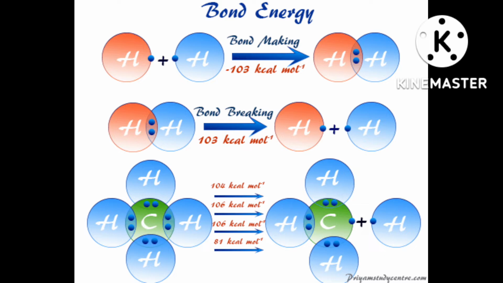And then many bonds are there, HH bonds. In 1 molecule, 1 bond is there, HH. Like that, in 1 mole, with this very big Avogadro number, that number of bonds may be present, and then all bonds have to break.